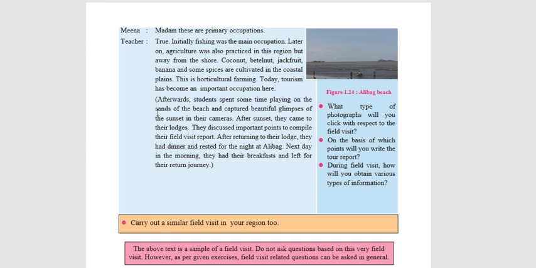Second question: what items will you take with you for the field visit? Third question: on the basis of which points will you write the tour report? We come to the end of the lesson.